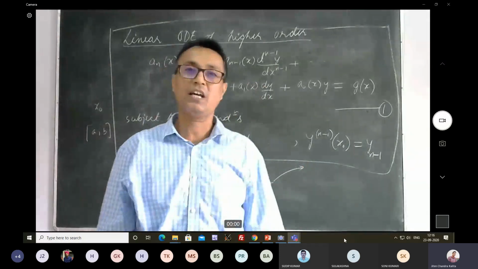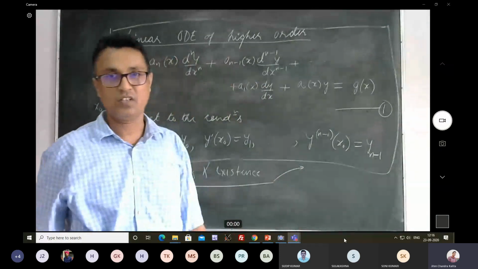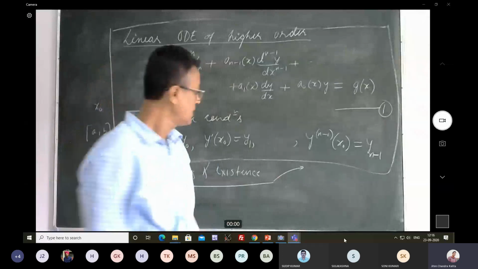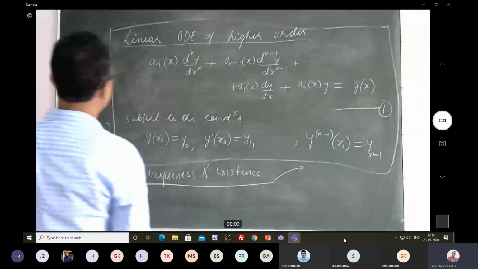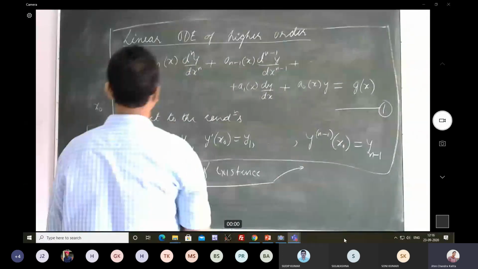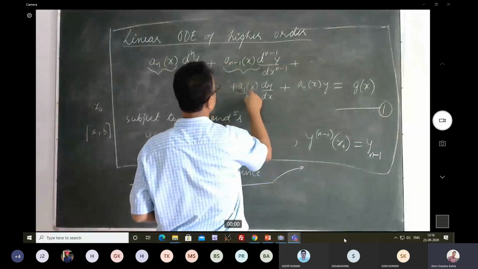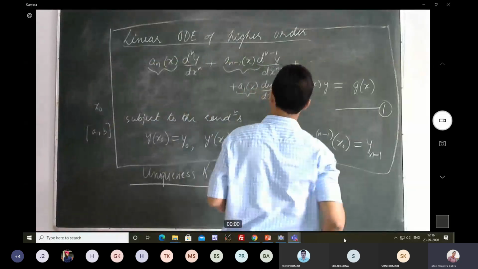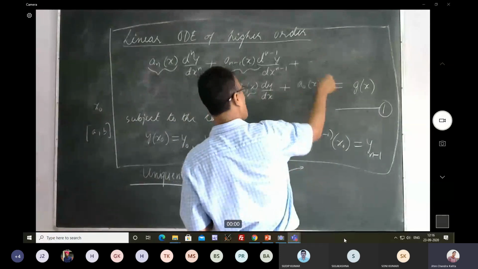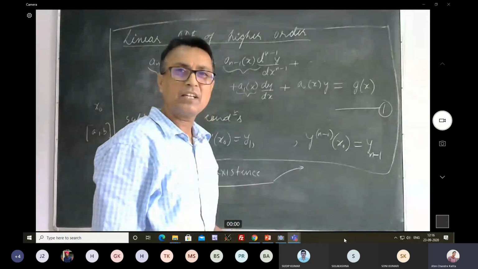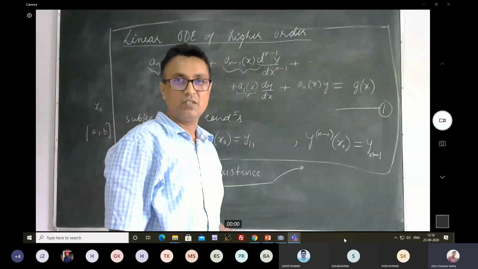So the uniqueness and existence theorem for nth order differential equation is pretty straightforward. Let me tell you what it is. Like I said, and of course, here remember all the coefficients of the derivatives, of course this y also I can describe as the zeroth order derivative, right?